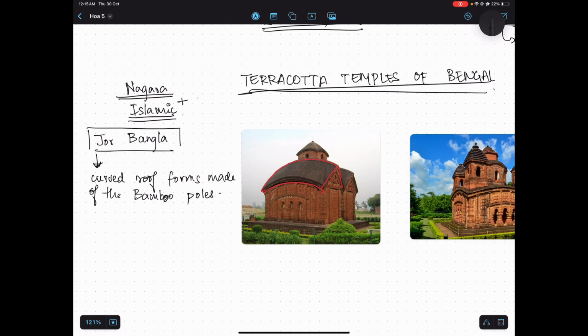Most of the village huts used bamboo poles, and that is what inspired the curved roof of Jor Bangla.